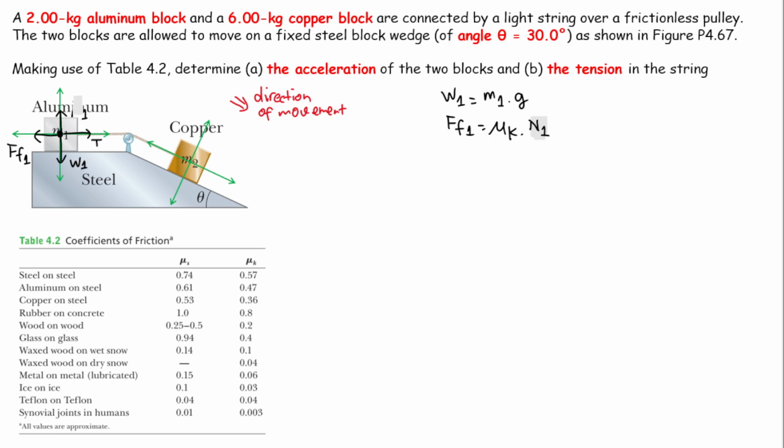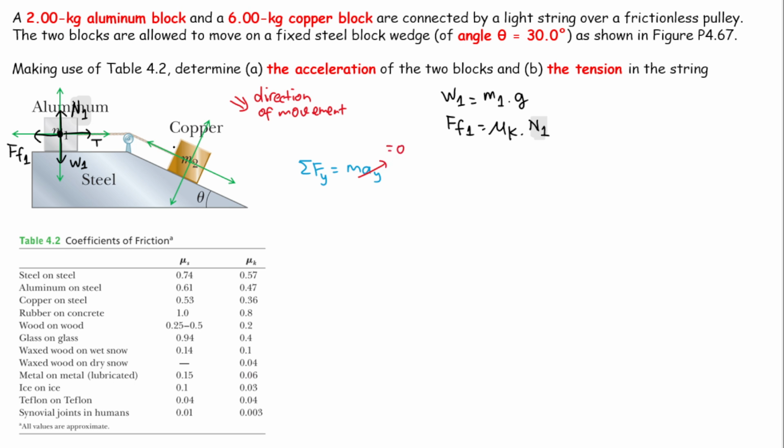Remember that sigma F is equal to mass times acceleration. Here we have the vertical direction, Fy, and acceleration also in the y direction. The movement goes to the right, so we have no vertical movement, and the right-hand side will equal 0.